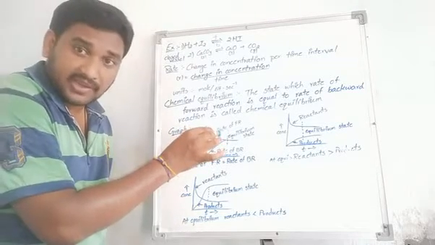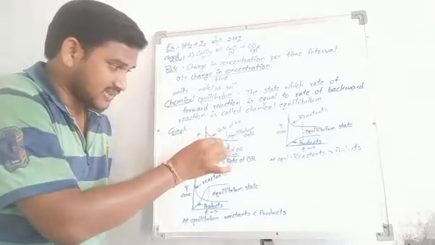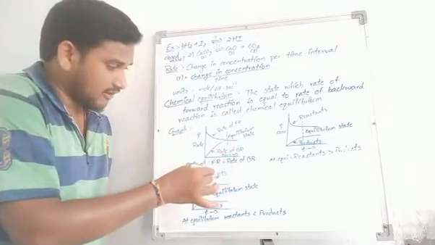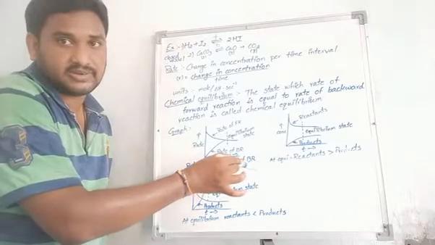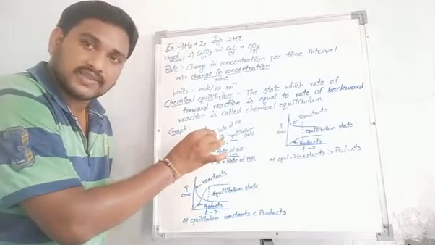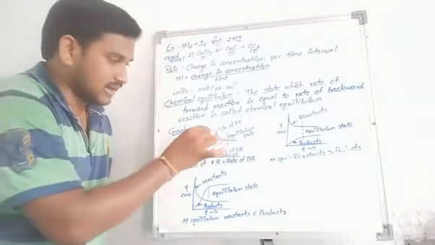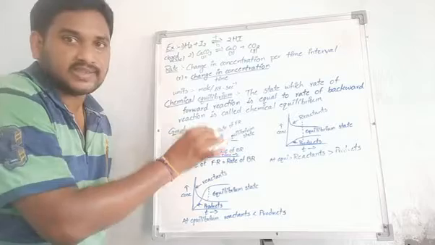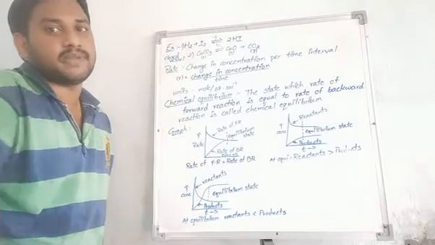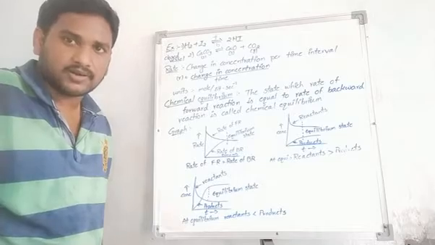At equilibrium, the rate of forward reaction equals the rate of backward reaction, which means the concentration of reactant and product does not change. That particular area is called the equilibrium state. Students, clear my point or not?